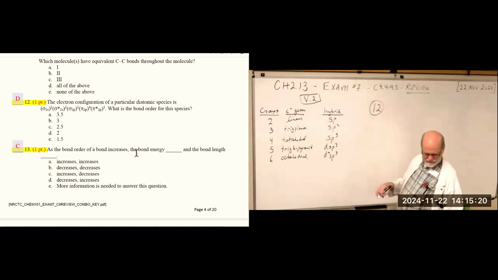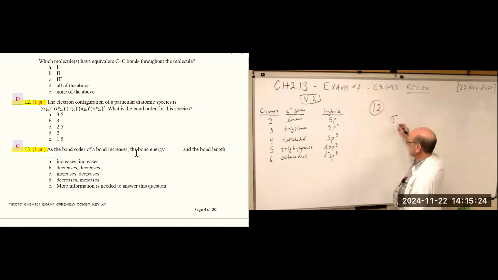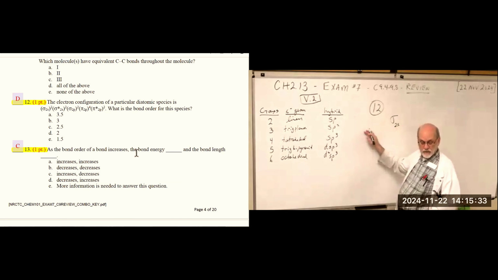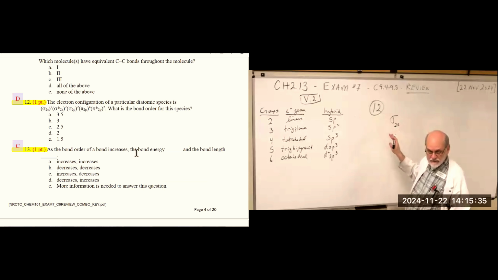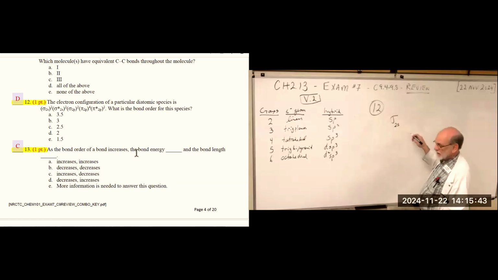We have that kind of complicated there with parentheses. This is 2s. Okay. So we're skipping the 1s, right? We're only using the valence molecular orbitals. But calculating the bond order works great for this. You don't have to use all of them to get that.